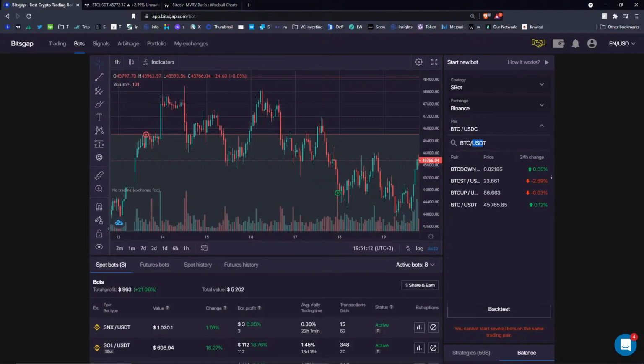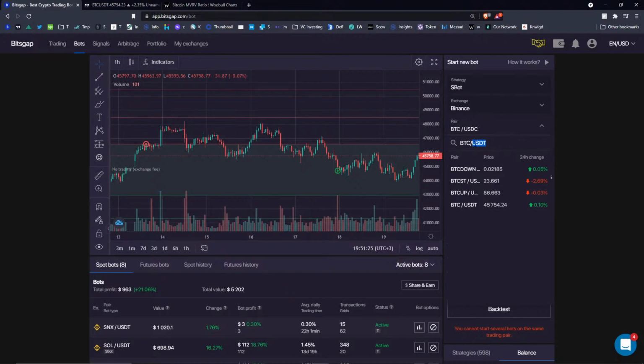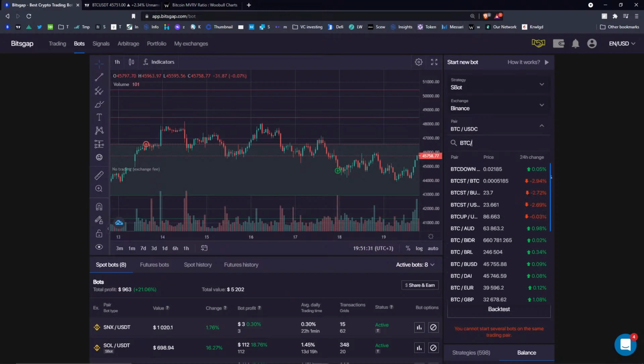USDT is the top stable coin as of today, but in order to have several strategies launched simultaneously, you can play with different stable coins. So on Bitcoin we have TUSD, that's one stable coin, USDT, that's the second one, USDC, I guess. We also have DAI, I guess. Yeah, BUSD.